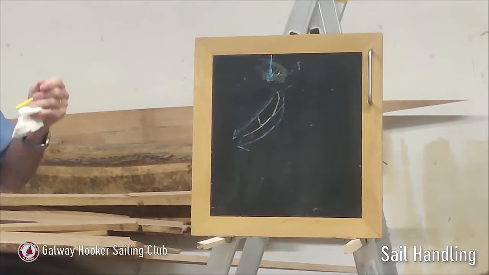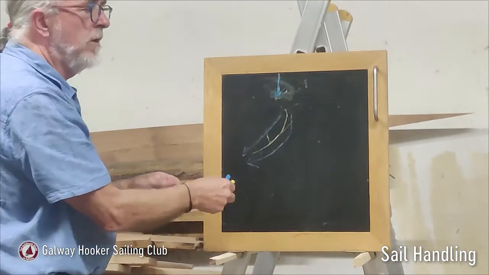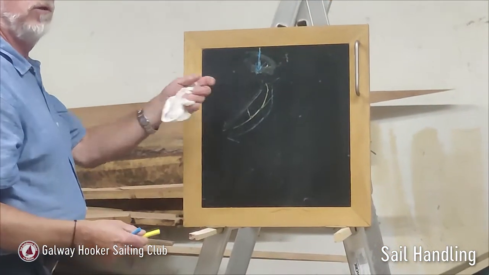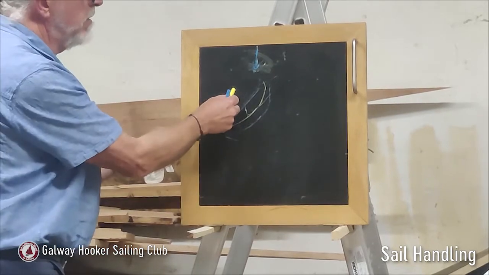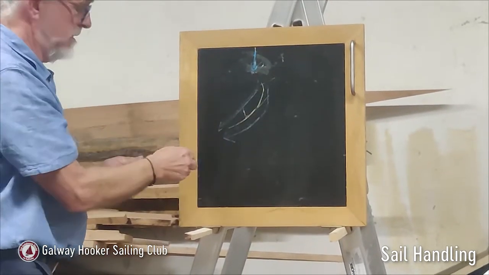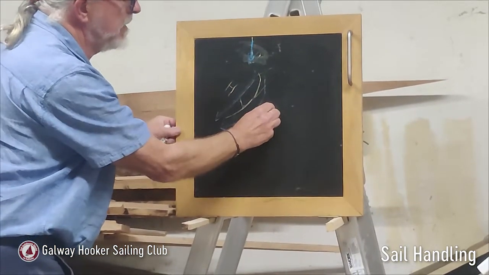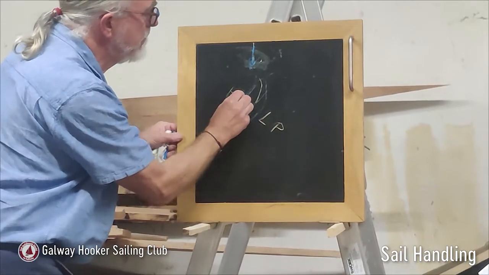It's not fluttering at all, there's pressure in it all the time. This is the inside of the boat. The wind coming around this side has to go a shorter distance than the wind going around the outside. So this has higher pressure, and this has lower pressure.